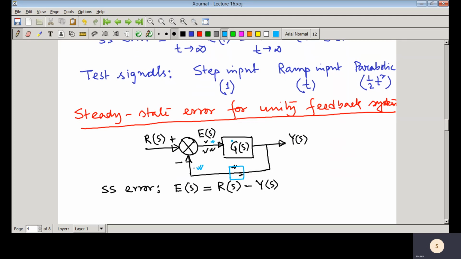So this is not that steady state error. So that is actually important. So first we will be considering the case where the feedback is unity.